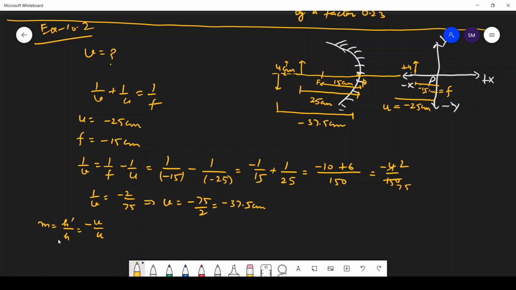Now, here you can do as you have done earlier, that you find the magnification with this formula, put the value of v and u, you find magnification, and then you can find h dash by simply multiplying it with the h, or you can simply use this equation also.